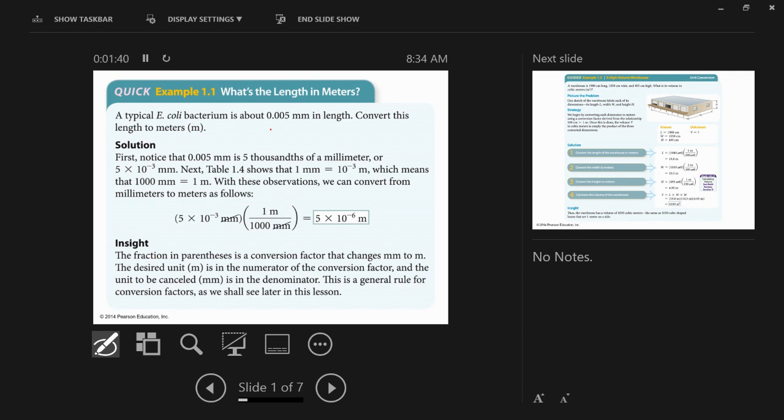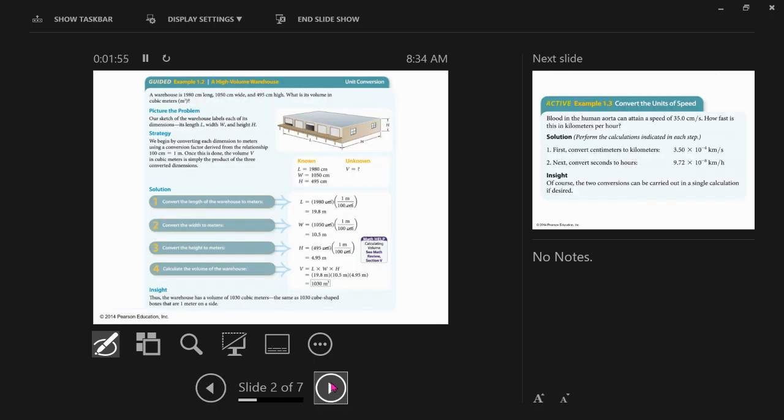Okay. So any questions on dimensional analysis or unit multipliers? Okay. And I'm not going to spend tons of time on that, if we're good with that. I don't think we need to do that. That's just more of the same. But remember, you're ultimately going to have to find volume.